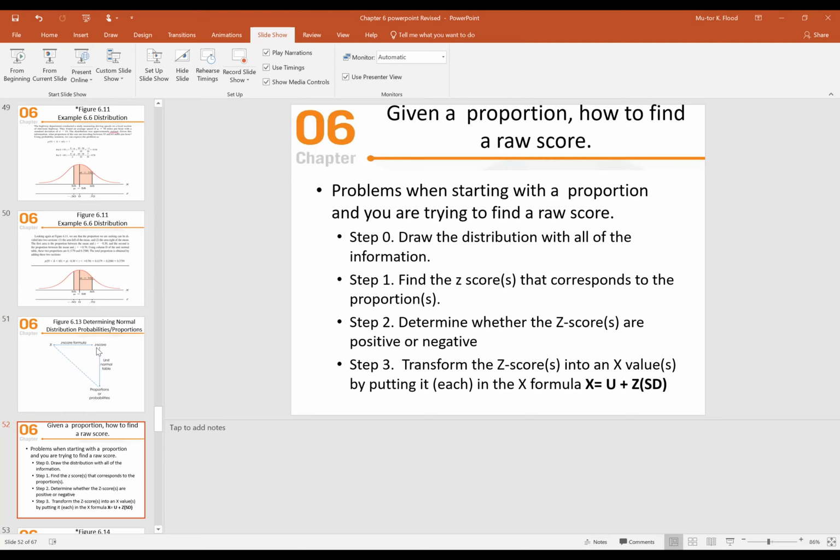Next, find the Z-scores that correspond to the proportions. Step 2, determine whether the Z-scores are positive or negative. Step 3, transform the Z-scores into X values by putting them into the X formula, the mean plus the Z-score times the standard deviation. So let's look at an example of this.